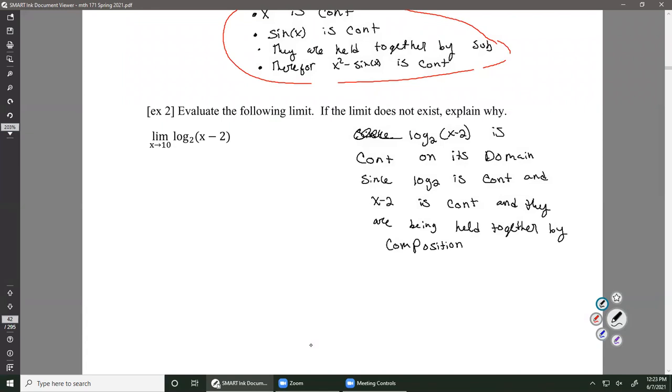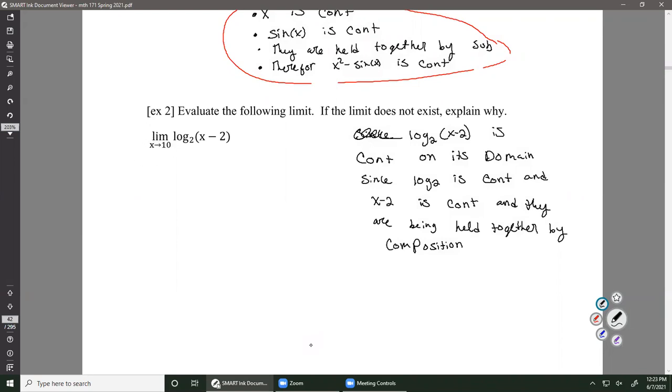The only thing with limits is they need to be continuous at that point that we're going towards. Here we're going to x equals 10, so we're assuming 10 is on that domain. If we plugged it in and got infinity or something weird like that, then it's not on its domain, so we can't use this continuity trick.